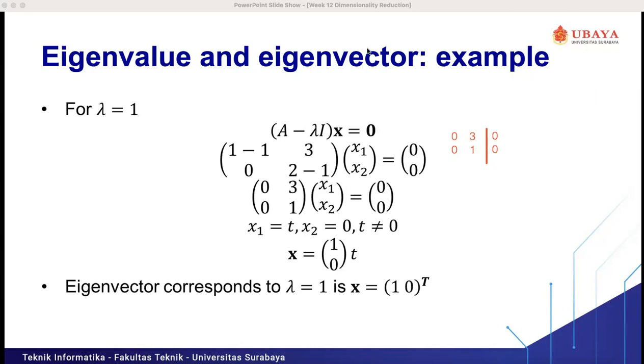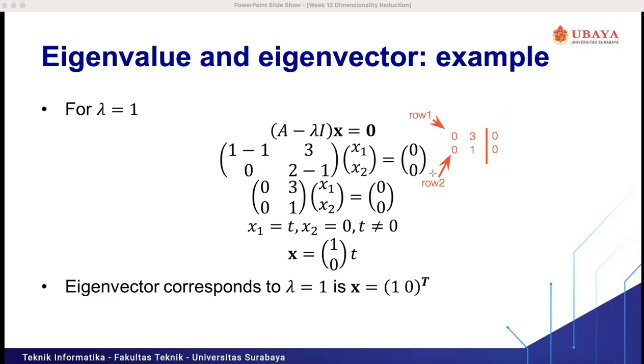So we need to exchange rows. This is row 1, and this is row number 2.